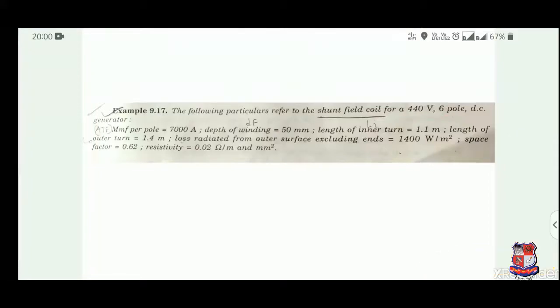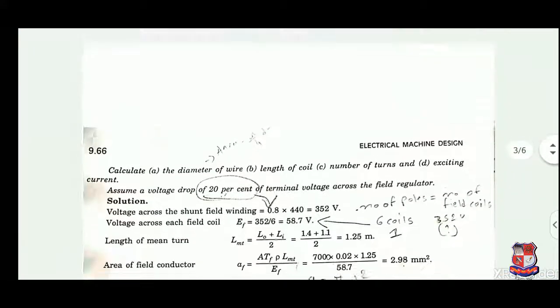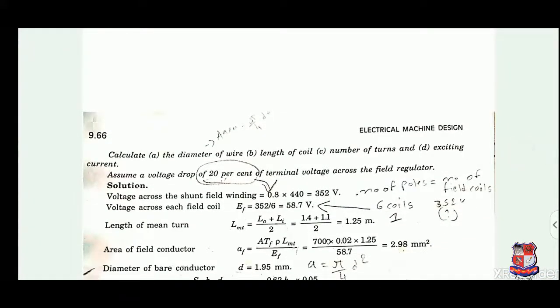Out of that 440 volt, 20% of the voltage will appear across the field regulator. So the remaining voltage is 80%, and 80% will appear across the shunt field winding. How we can calculate that, we will see in the next session.